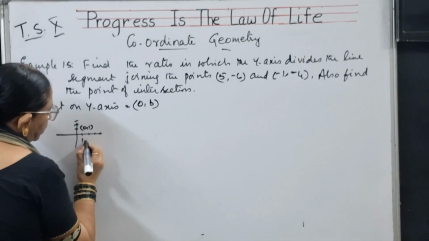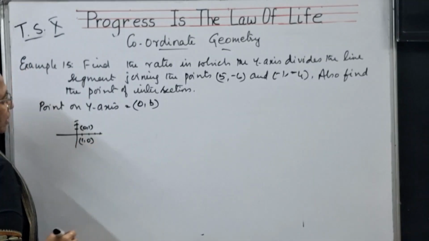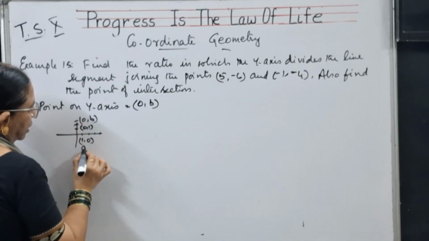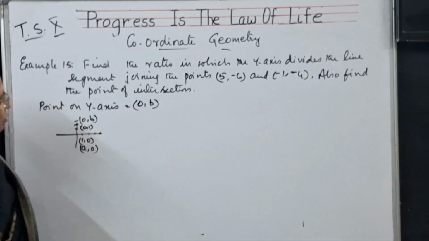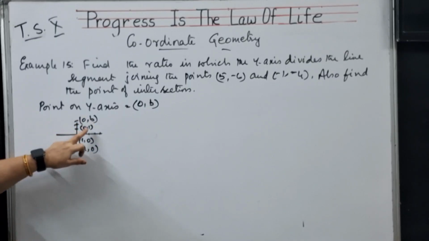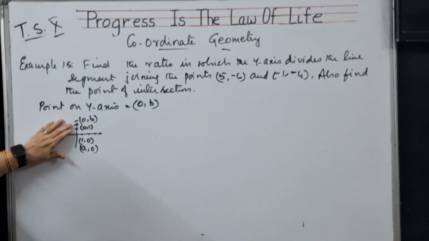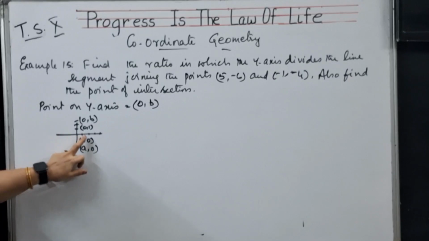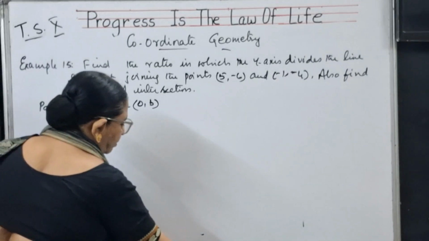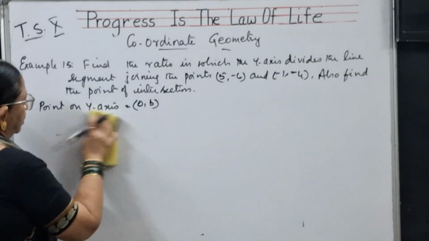And on the x-axis, 1, 0 you will write. That is why the general formula here is 0, b, and here a, 0. This is what we have discussed earlier, children. So 0, b, b is any point that is there on the y-axis. Any point on the x-axis we have to write a, 0. So this is 0, b I have written.